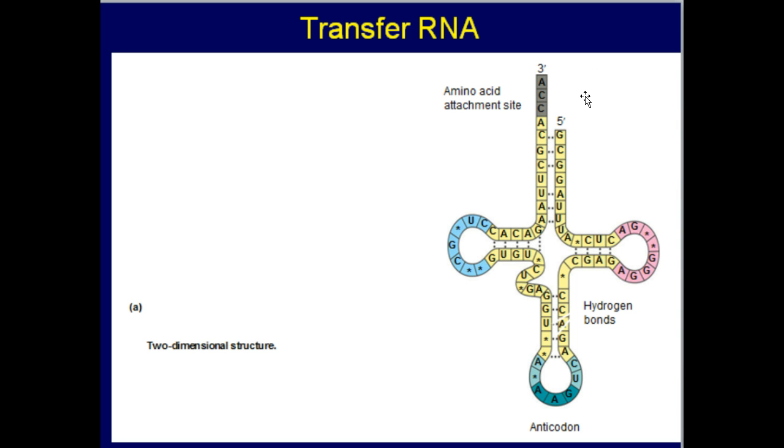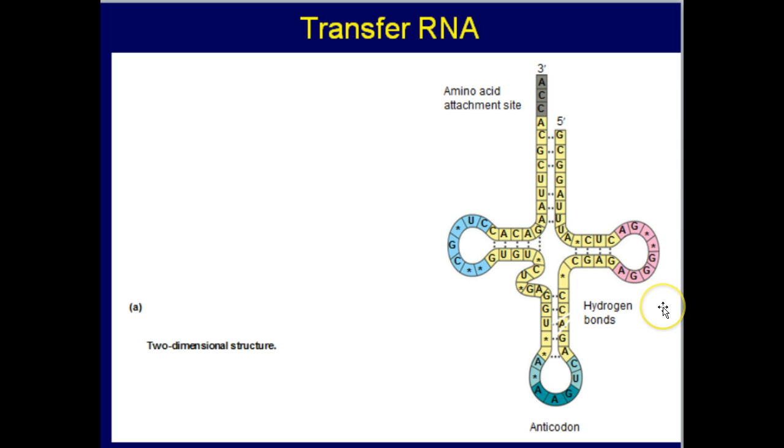I'd like you to get it in your notes. So I want to explain it first and then have you write it in your notes, because it's important for you to understand that transfer RNA looks completely different than messenger RNA. So here's your amino acid attachment site. And it's just exactly what it's going to do, is attach to an amino acid. So great name. Now, down here you see the 3 loops. That's how you know this is a transfer RNA molecule.